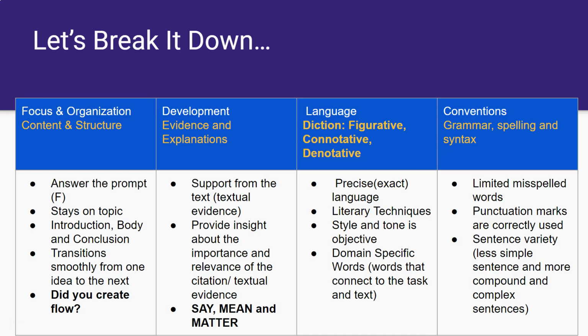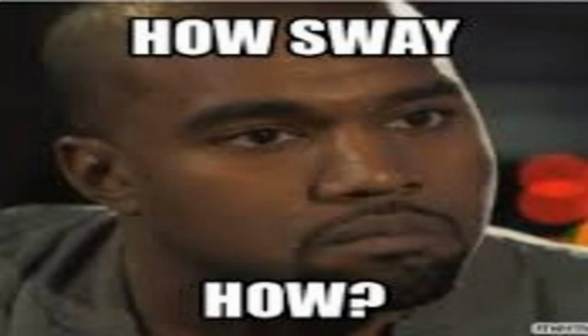We want to make sure that we have some compound sentences, some compound complex sentences. We want to make sure that we start a couple of sentences with some adjectives or some adverbs. We want to write as if we can write on grade level. And that's something that we can do and something that we will practice.